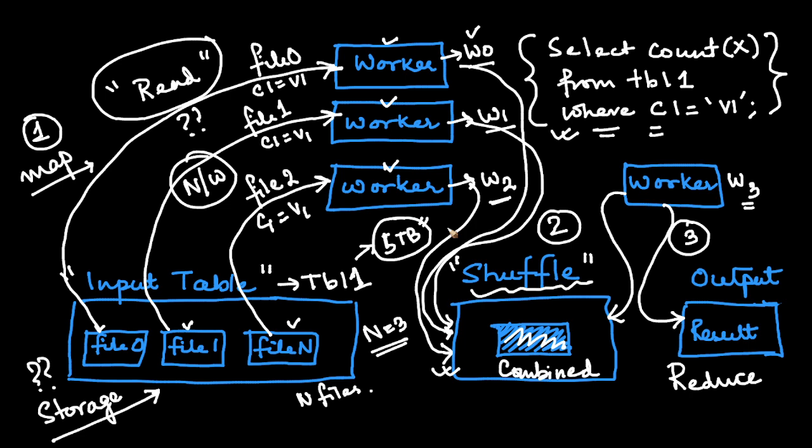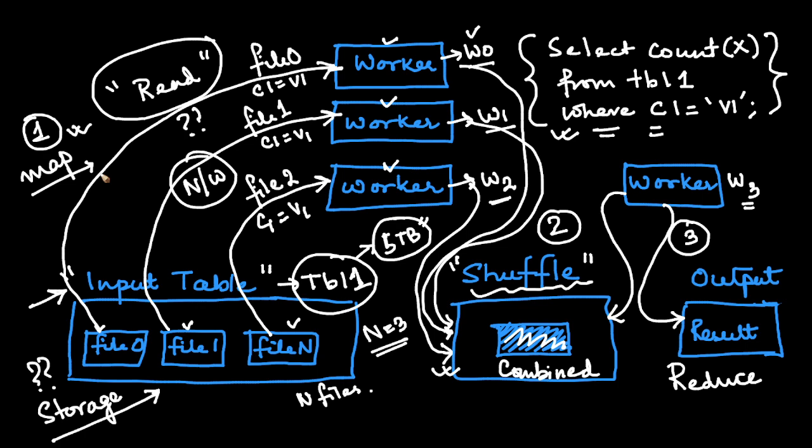And very interestingly, we need to note that every input data on which BigQuery is going to work, in this example TBL1, is chunked or divided into parts. Each worker in the initial stage, that is the map stage, which is the starting stage, handles one specific part of the data.